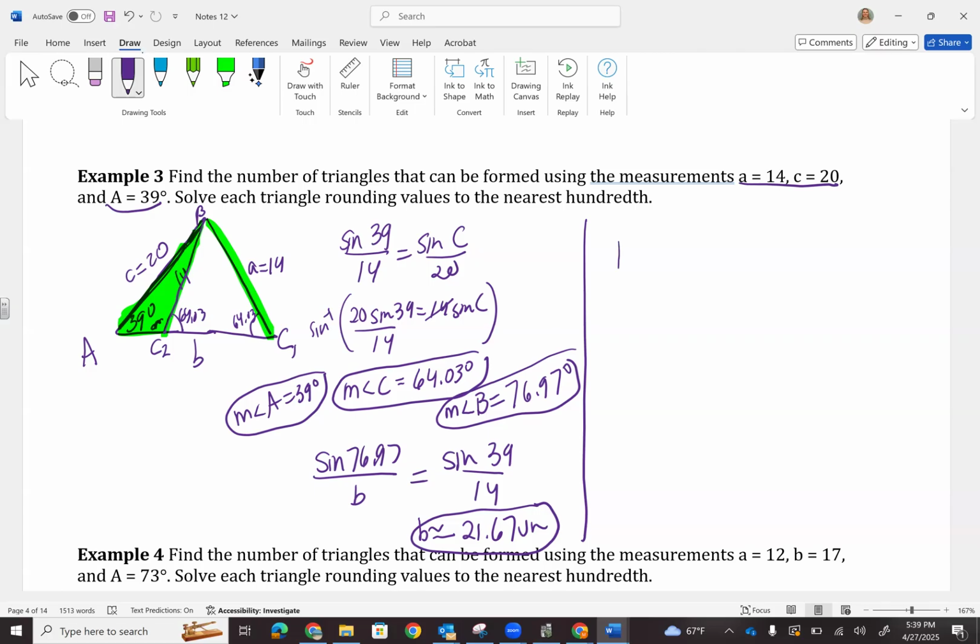So we're going to find the measure of angle C2. The angle we found first was C1, so the measure of angle C2 equals 180 minus C1. So 180 minus 64.03, the measure of angle C2 equals 115.97.